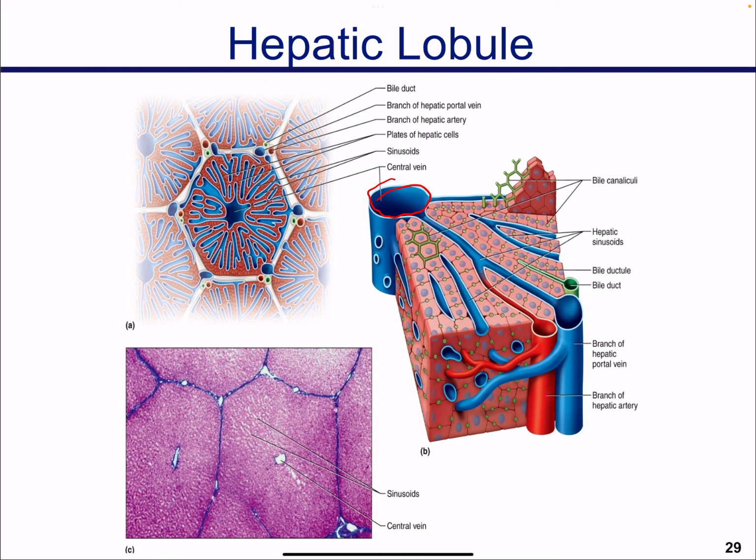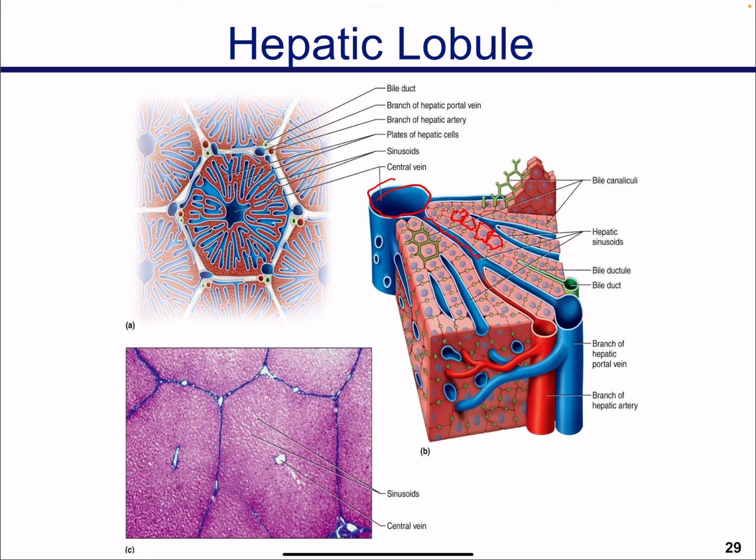Then you are going to have the hepatic sinuses, okay? And in between, you are going to have liver cells. These are liver cells. These liver cells are the ones that make bile salt.